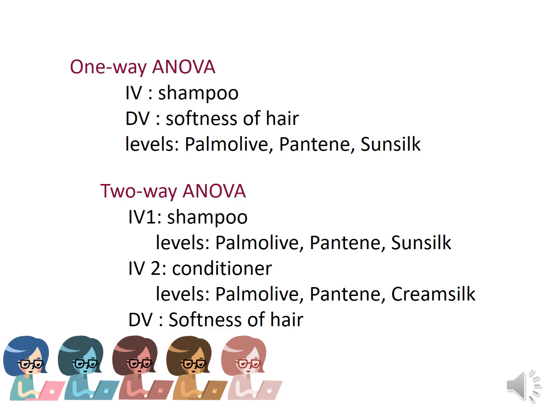As you can see here, for every independent variable, we have variations of the levels. For shampoo, we have 3 different brands of shampoo, and for the conditioner, we have 3 brands of conditioner.